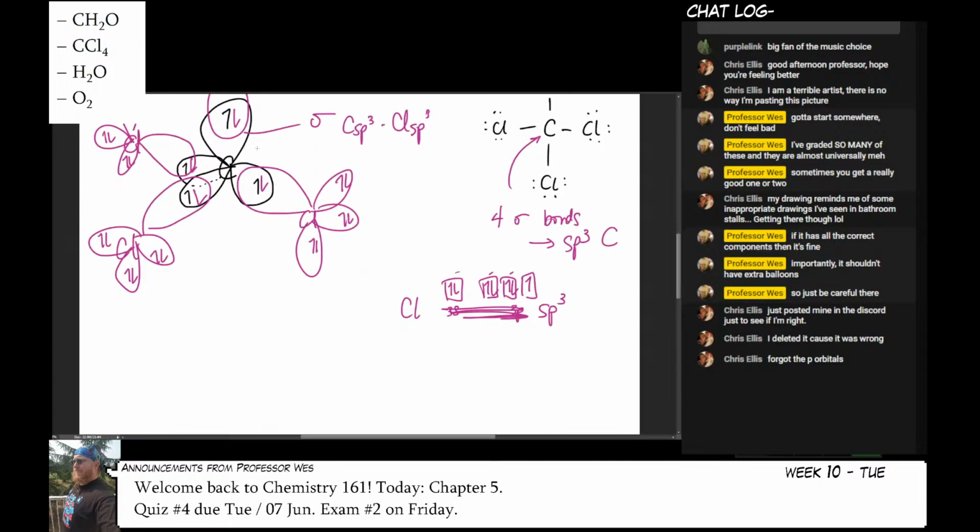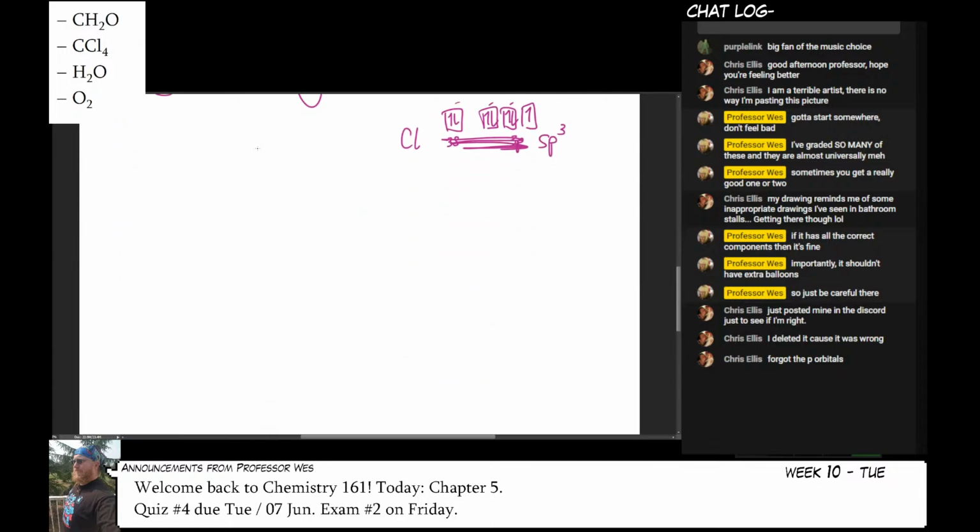All right, let's do water. Water's real simple. Let's see here. There we go. So that's what water looks like. So there's 4 electron groups, so I'm going to have sp3.